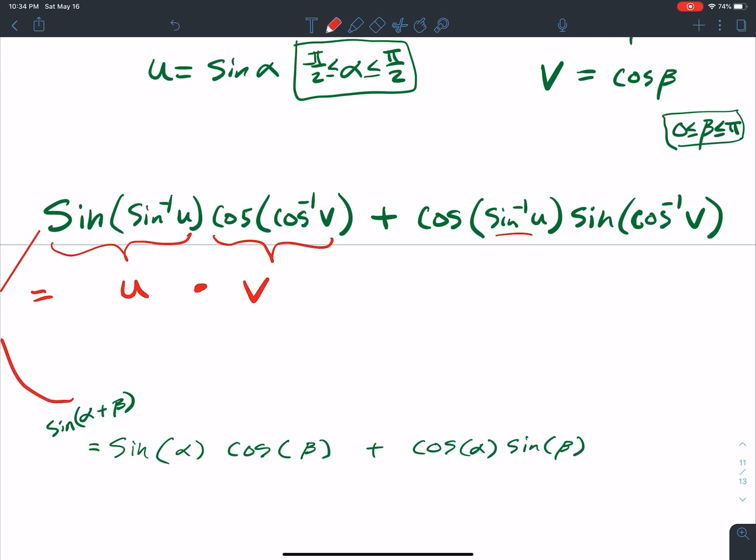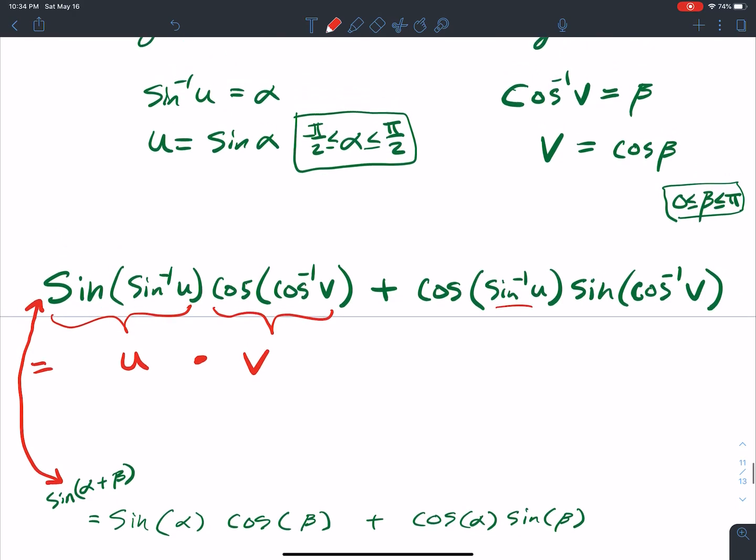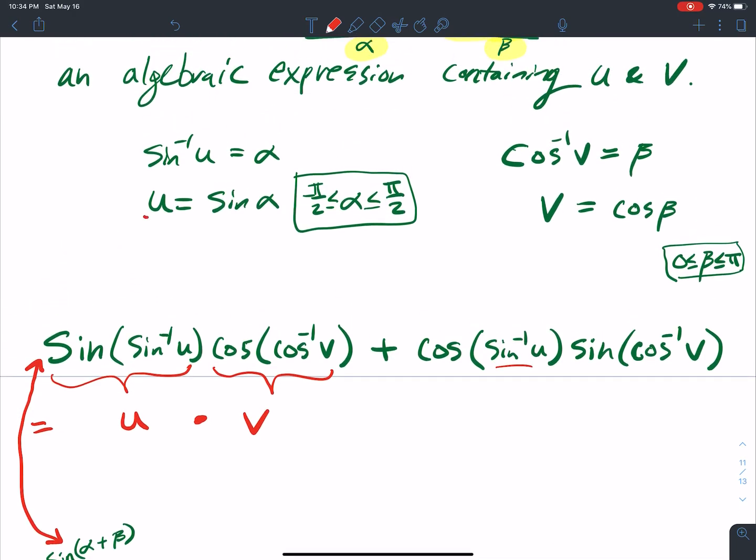So for those looking at their notes later, they're wondering where those pieces came from. All right, so this triangle, sine of alpha, sine is opposite over hypotenuse. So to get this other side here, we've got to use the Pythagorean Theorem. So that question mark squared plus u squared equals 1 squared.